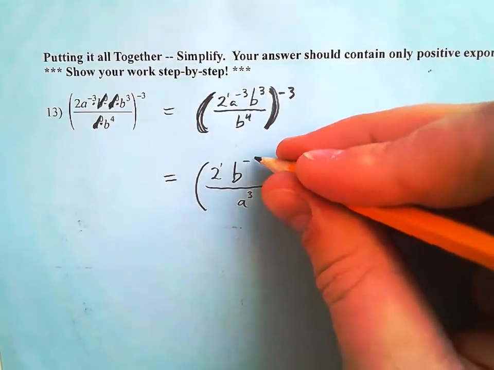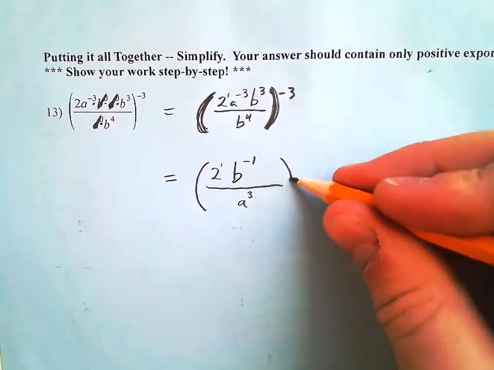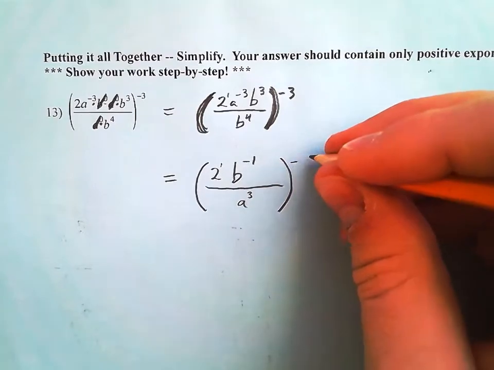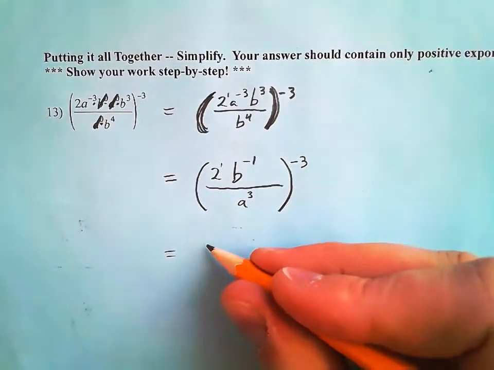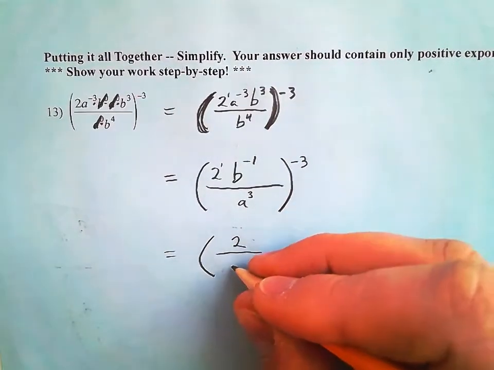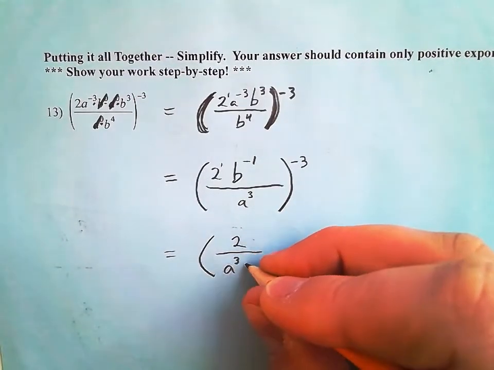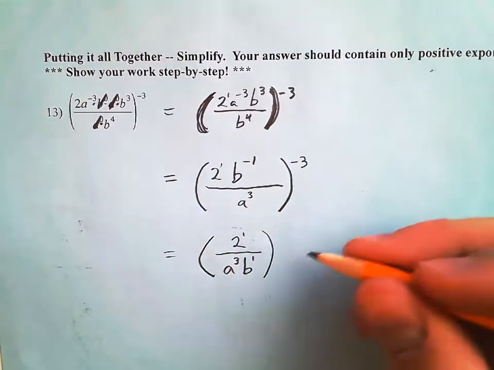That's going to be b to the -1, because 3 minus 4 is -1. And then I'm going to say that's the same as 2 over a to the 3rd times b to the 1st. I'm going to put 1s on those.